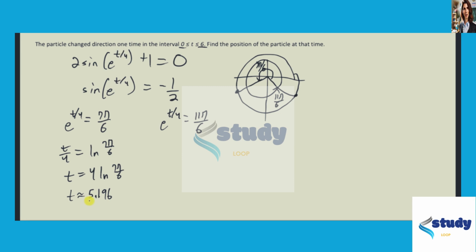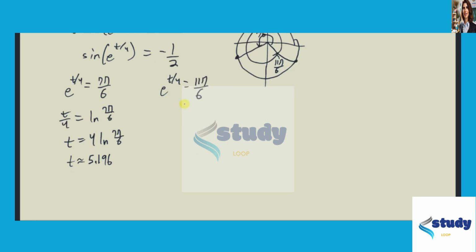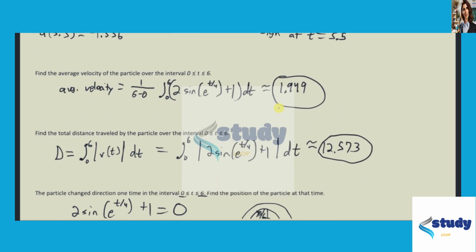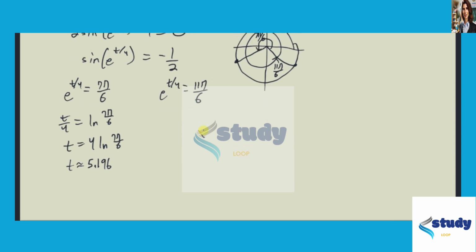So that's the time we want: t = 5.196. We want to find the position at that time. We know that our initial position x(0) was 2. So the position at 5.196 would be 2 plus the accumulated change, based on the velocity, the integral of the velocity from 0 to that time.